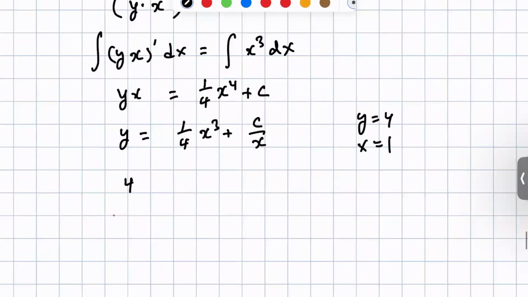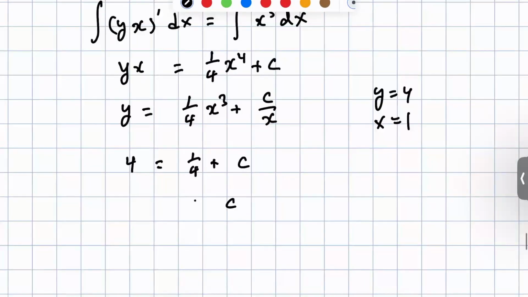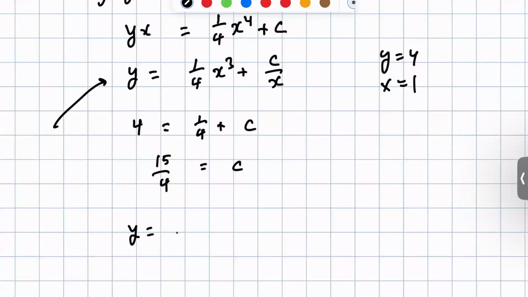So I have 4 equals 1/4 plus c. So c is equal to 15/4. So let's go back to this equation. I have y equals 1/4 x to the 3rd plus 15/4x.